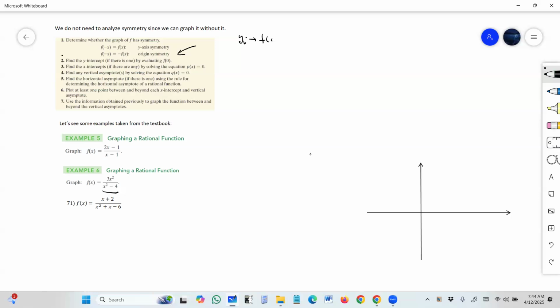The y-intercept we find by evaluating or seeing what f of 0 is. So 3 times 0 squared, and then 0 squared minus 4. So obviously the numerator is 0, over -4, which is 0.